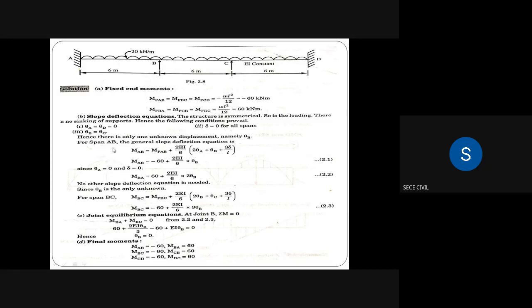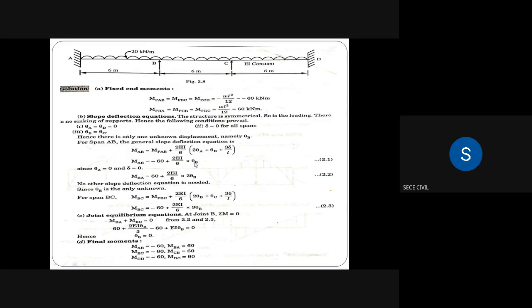For span AB, the slope deflection equation is MAB equal to MFAB plus 2EI by L into 2 theta A plus theta B plus 3 delta by L. That is the formula. MFAB value we know, minus 60. So MAB equal to minus 60 plus 2EI by L, where L is 6 meters, into theta B only.